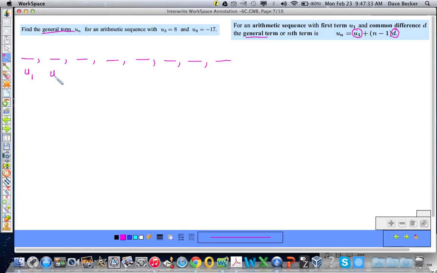So this is u sub 2, this is u sub 3, this is u sub 4. This just indicates the term. This is u sub 5, this is u sub 6, u sub 7, and then u sub 8. And we know a couple of these. We know that u sub 8 is negative 17, and we know that u sub 3 is 8.